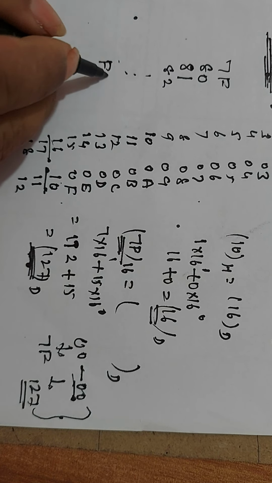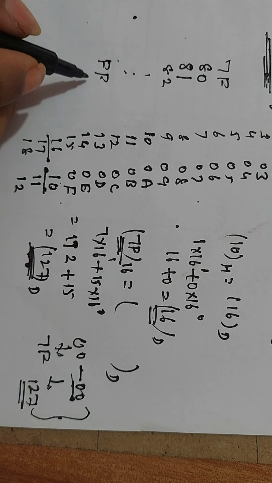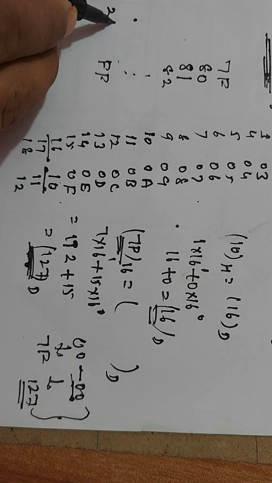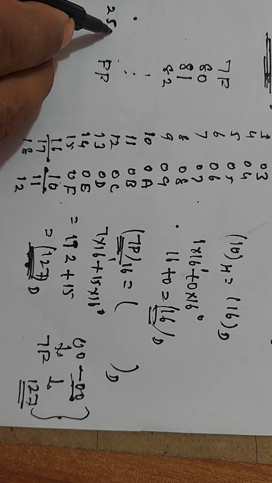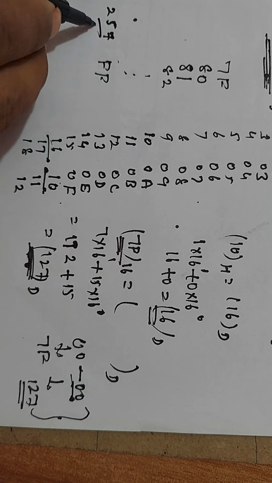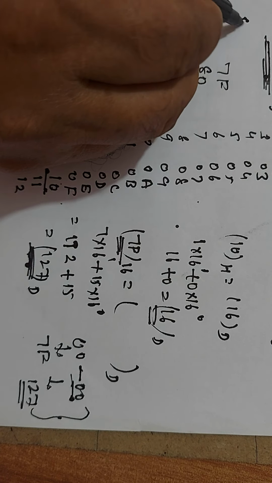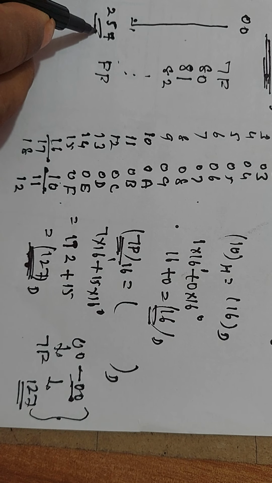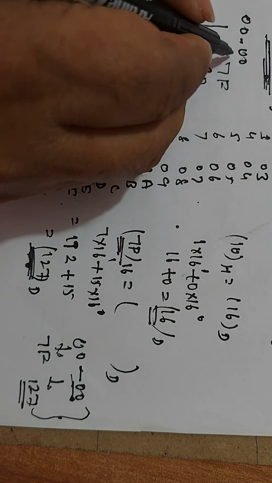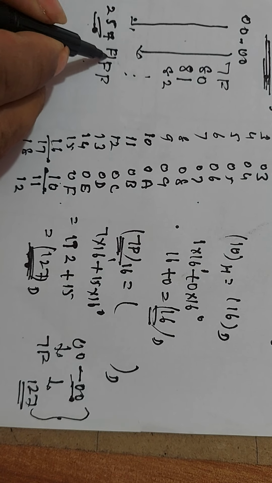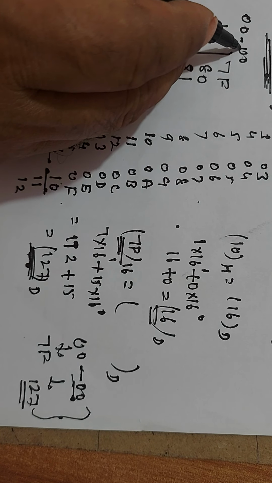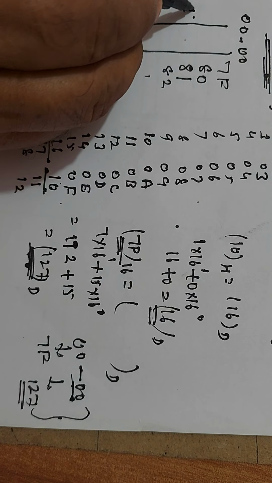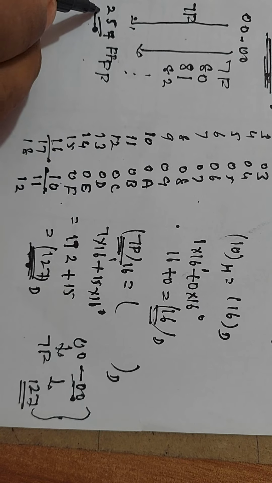The last number is FF. What is the value of FF in decimal number? It is 255. Therefore, from 00 to 255, the hexadecimal number is equal to 00 to FF.